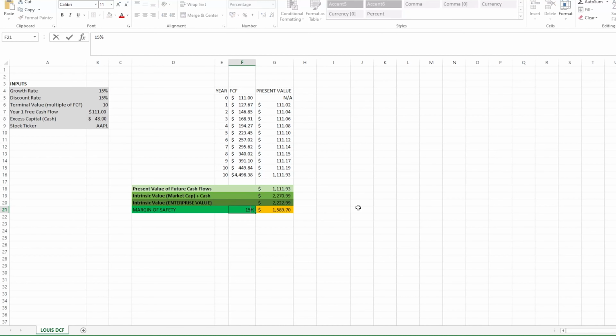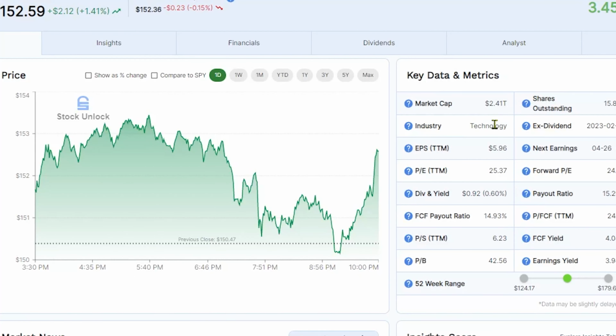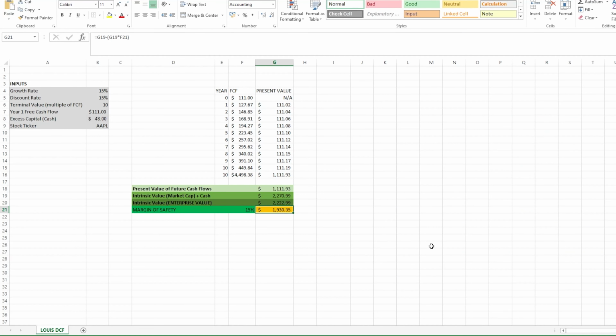So what I'm going to do is use a margin of safety of 15%, which shows that the ideal market cap of Apple would be $1.9 trillion. Currently it's trading at $2.41 trillion, which means that it is currently overvalued by around 25%. 1.93 trillion plus 25% is around $2.41 trillion.